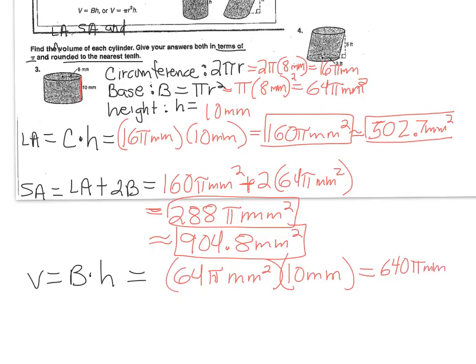Well, actually it's cubic millimeters, right? Because the square times one more is cubic. And approximately we get 2010.6, and this is cubic millimeters, okay? Any questions about this? Now you try number 4, and we'll check that in a minute.